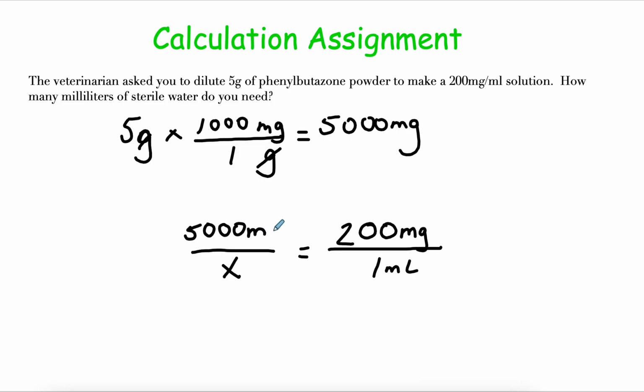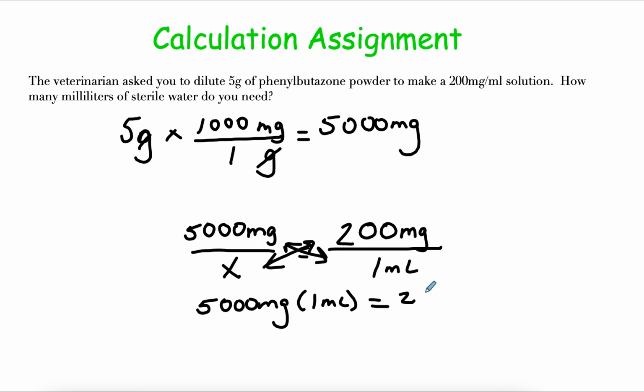And when we're solving proportions, we are going to be cross multiplying, okay, in order to solve for X. So we're going to take 5,000 milligrams times 1 mL equals 200 milligrams times X. To solve for X, we're going to simply divide by the 200 milligrams on both sides.